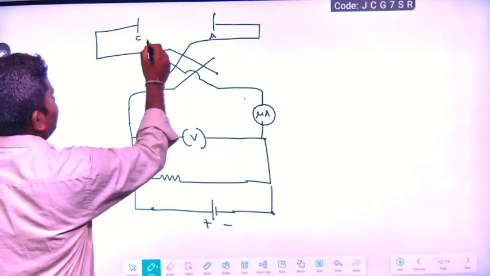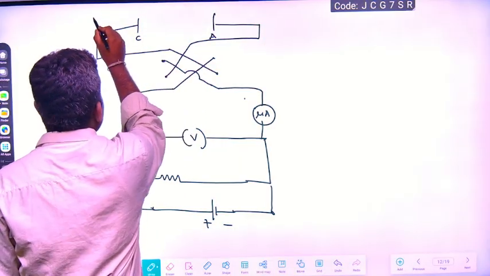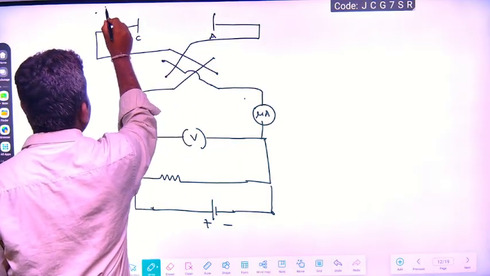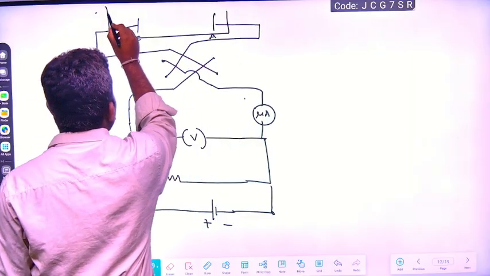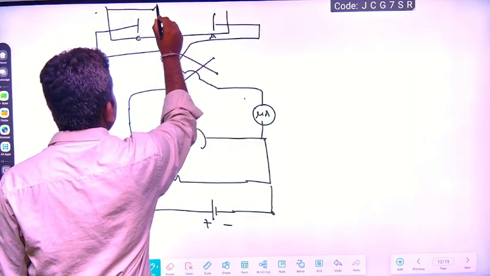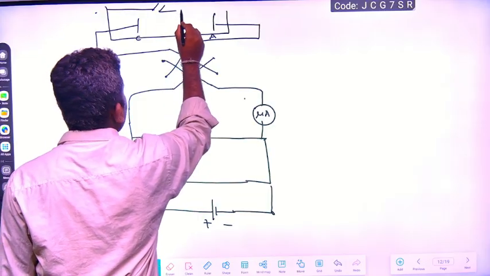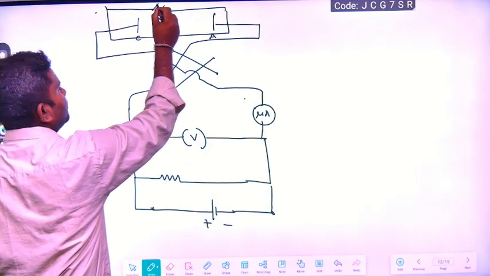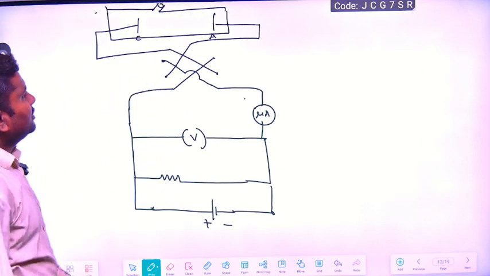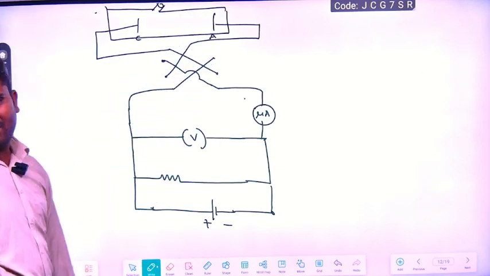Okay. Now you see here this entire tube is connected to the quartz tube. This is a quartz tube. This is a quartz window. This is collector plate and this is emitter plate.